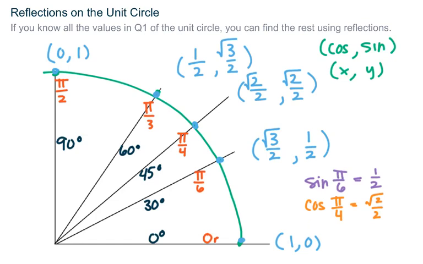Let's look at just one more. I could say, tell me tangent of pi over 2. Tangent is y over x. 1 over 0, that's an undefined value. So before we practice more using the unit circle, let's continue considering how we build it.